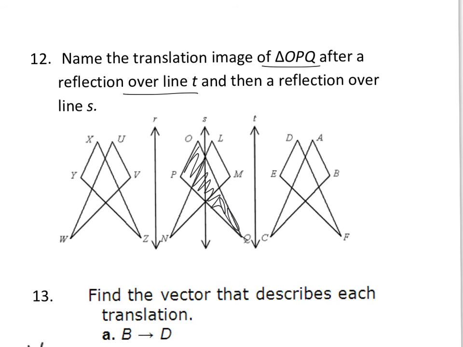Then I'm going to reflect it over line T. So this is my line T. So this shape reflected over line T is going to be over here. So I did that. Then reflect this shape over line S. So reflect this red figure over this line. It's going to be over here. It's going to be XYZ is the answer. So triangle XYZ.